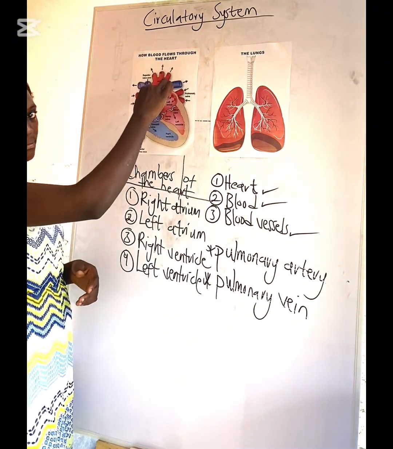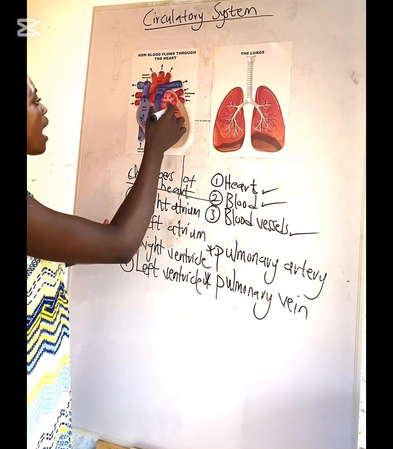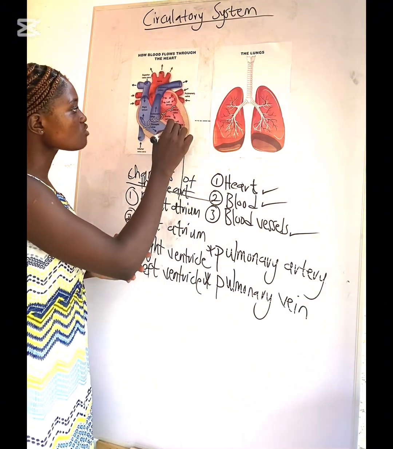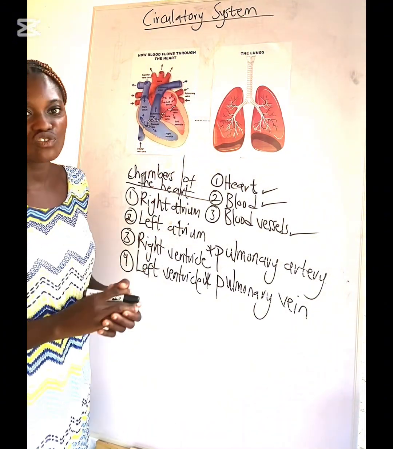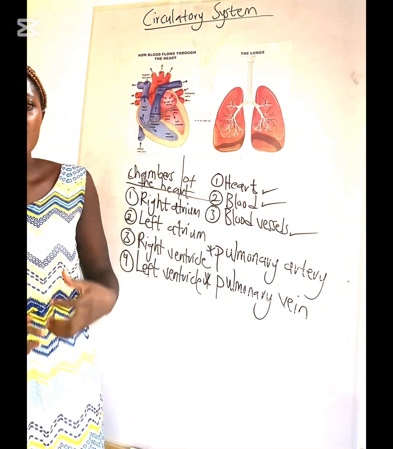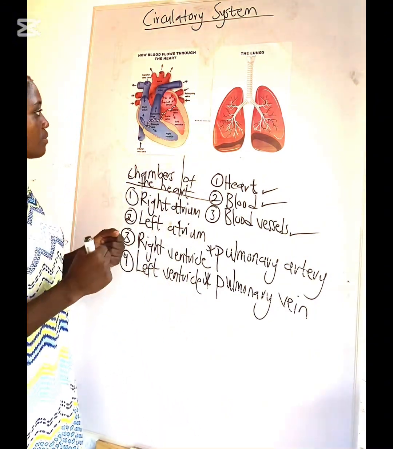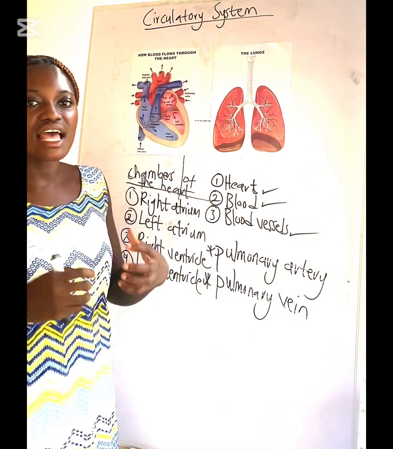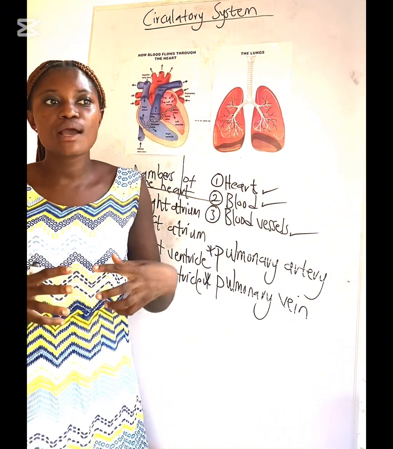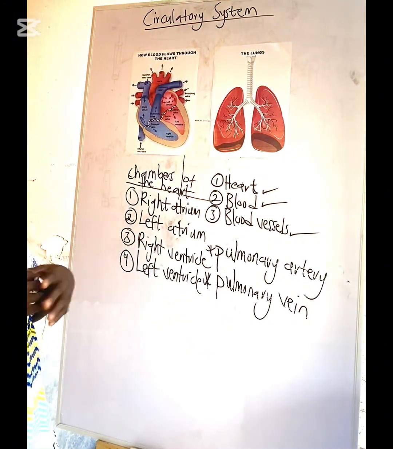That is the function of a valve. So after the oxygenated blood has gotten into the left ventricle, the left ventricle is a chamber of the heart that is very muscular. It contains a lot of muscles. So here, it needs a lot of muscles to be able to pump the blood to all parts of the body through the aorta.